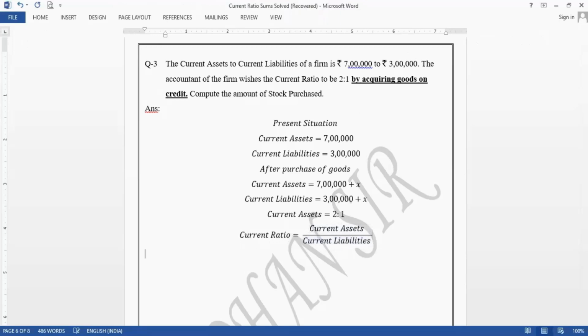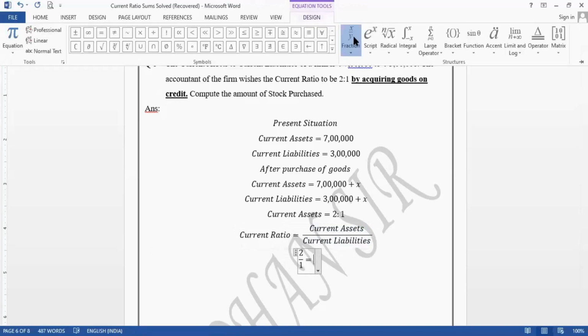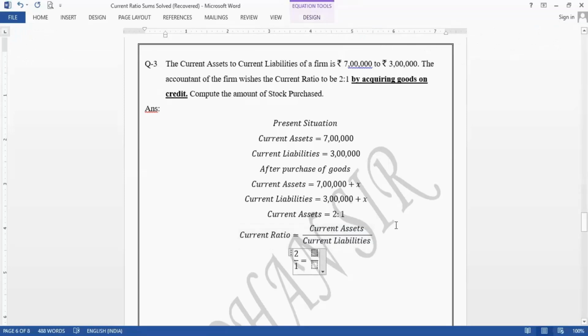So this is the formula. Let us place the values over here. Current ratio can be seen as 2:1, right? That is equal to current assets after the purchase, 7 lakh plus X, and current liabilities, 3 lakh plus X, right?